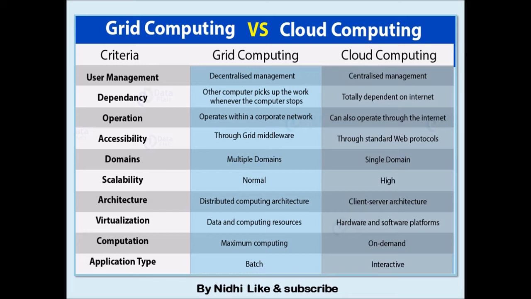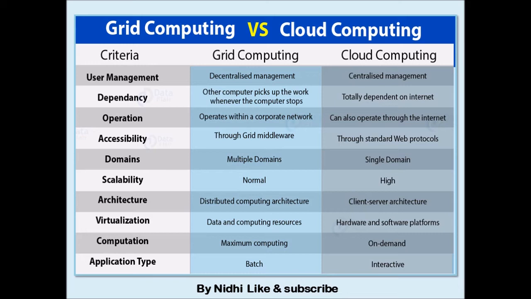Grid computing operates with a corporate network, that is for universities, research, engineering, etc. But cloud computing can also operate through the internet. Accessibility, next point: through grid middleware, and in case of cloud computing, through standard web protocols, we can access the facility.